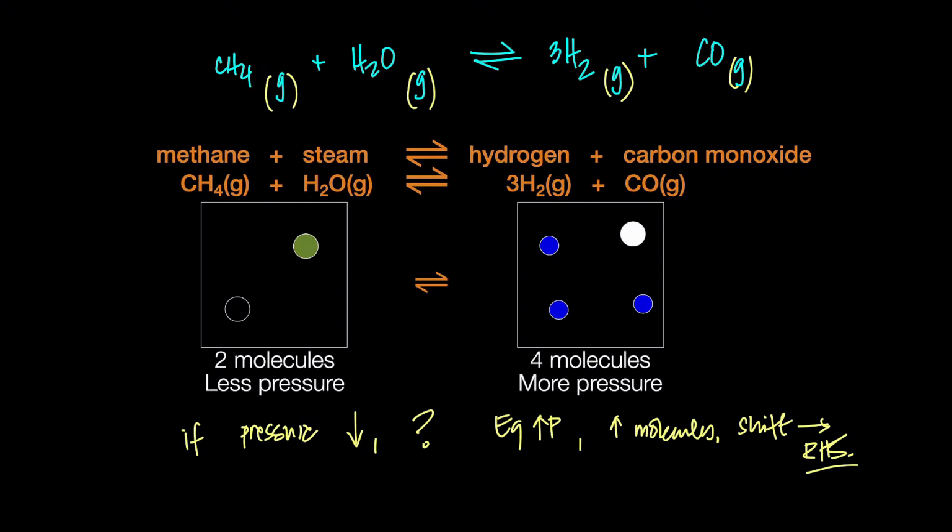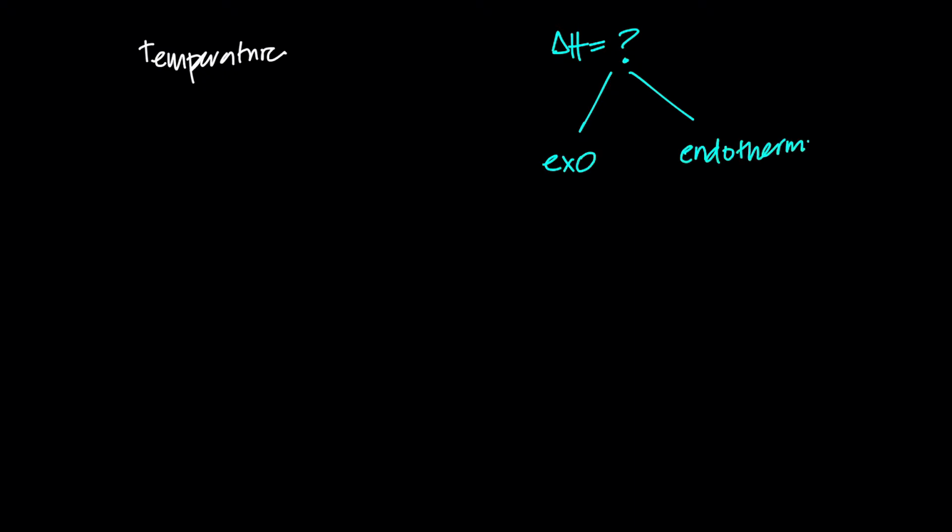Now the third factor. That's all clear? Now the third factor is the most interesting one. It's about temperature. Now, before I talk about temperature, this reaction also involves enthalpy changes of a reaction. You remembered earlier that we've done that enthalpy changes of a reaction can be exothermic and endothermic.